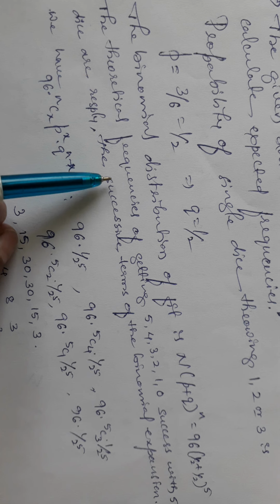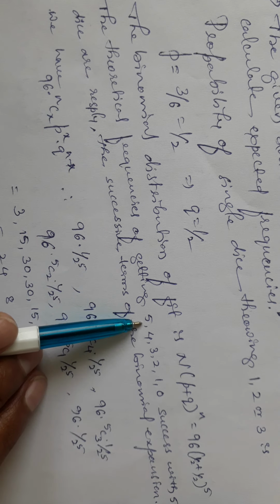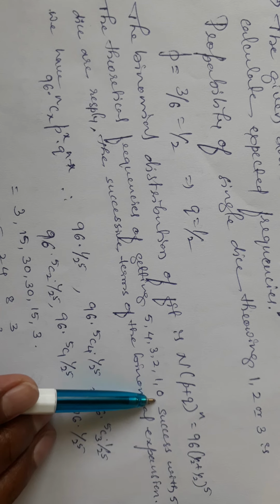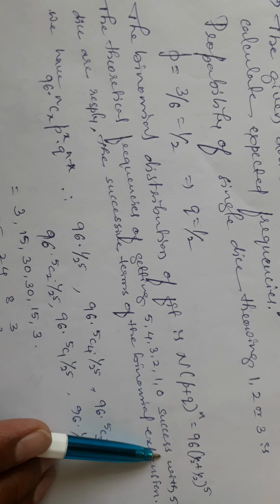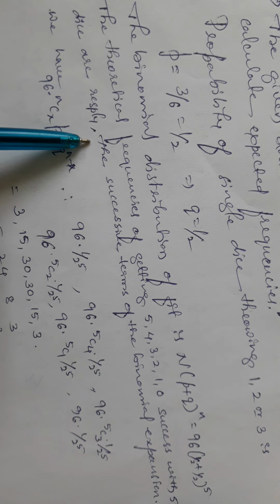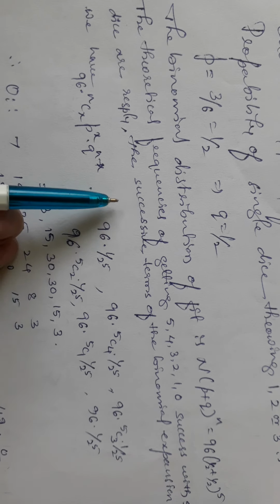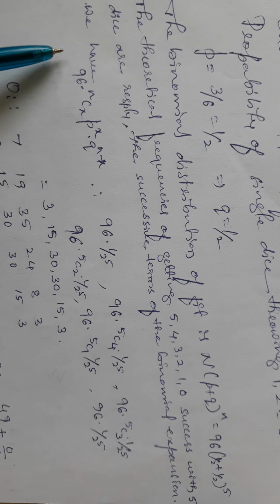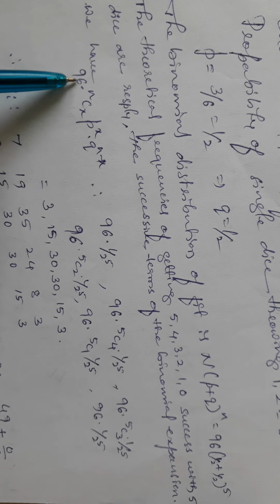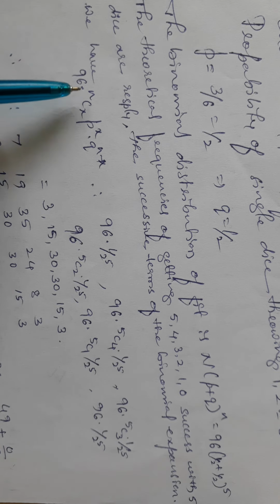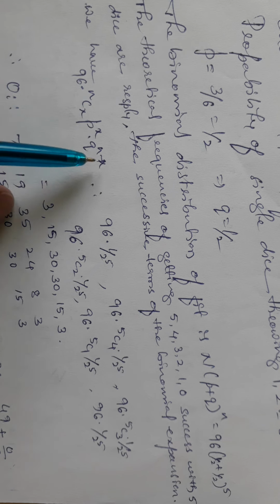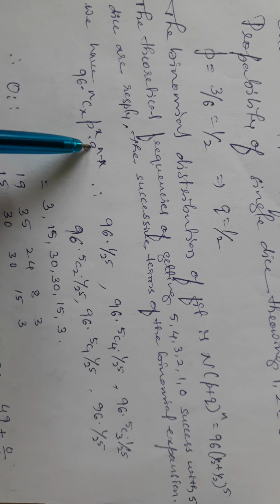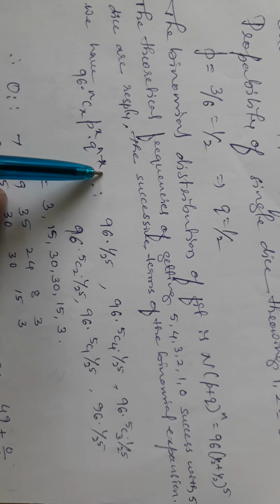Now the theoretical frequencies of getting 5, 4, 3, 2, 1, 0, these are x values, successes with the 5 dice, are respectively the successive terms of the binomial expansion. We have 96 times, therefore 96 should be multiplied, and we have the binomial function nCx p to the power x q to the power n minus x.